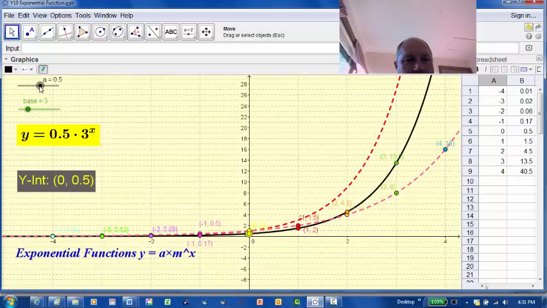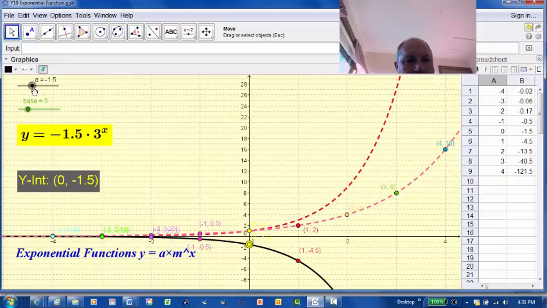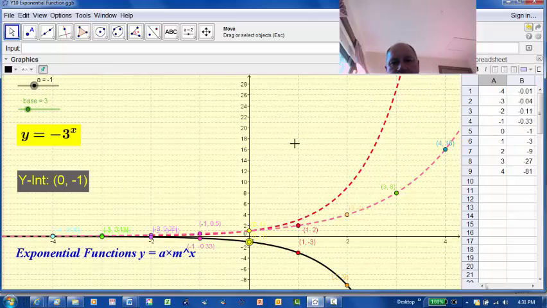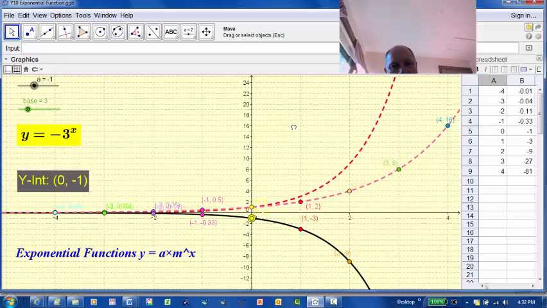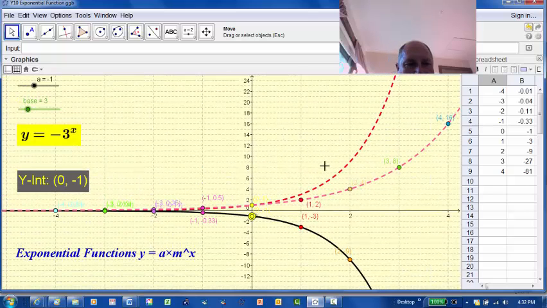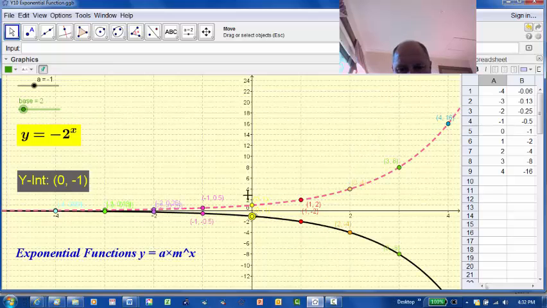The next thing we investigate is if a is negative. So here we've got a is -1, and we can see, just like with all our other types of graphs, the graph has reflected in the x-axis. So let's change the base to 2 to the x. So the pink graph is y equals 2 to the x.